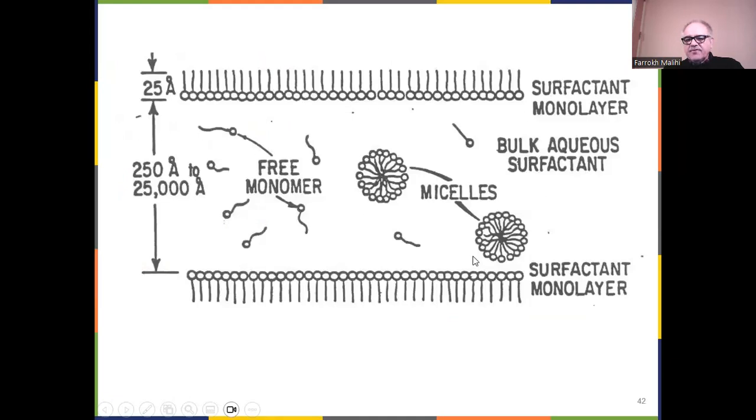Here is a magnified schematic of what is inside that film in the bubble. We can have surfactant monomers, we can have micelles. So it's very thin, but thick enough to include surfactant molecules and surfactant aggregates.